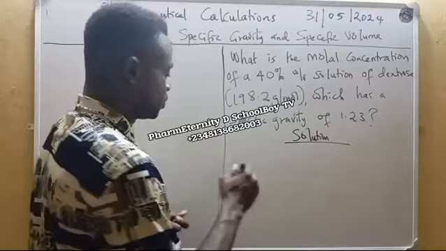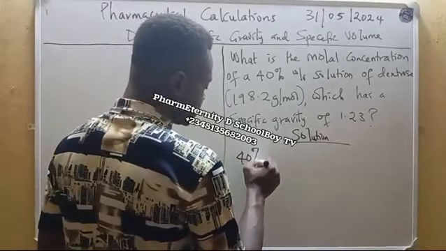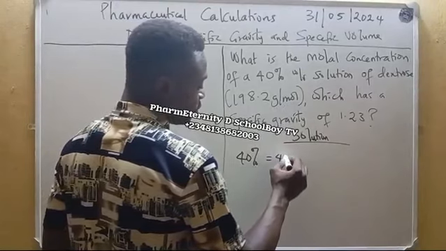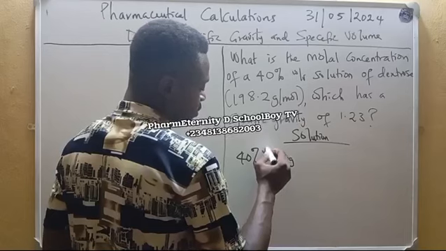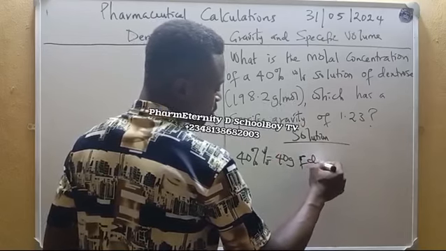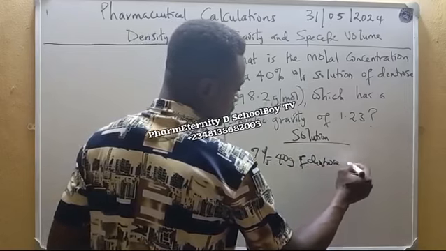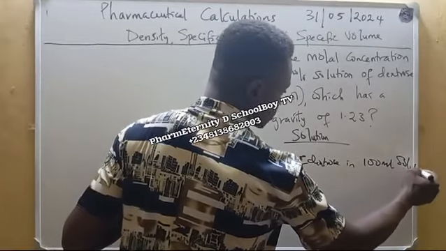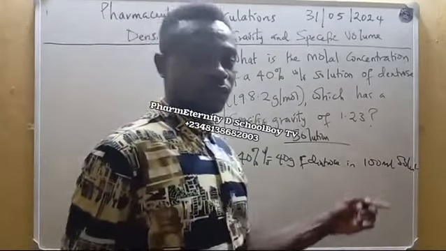Now, 40% dextrose solution means 40 grams of dextrose in what? 100 ml solution. This is just a solution because it's in liquid form.